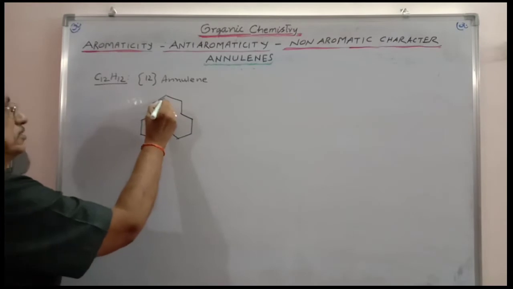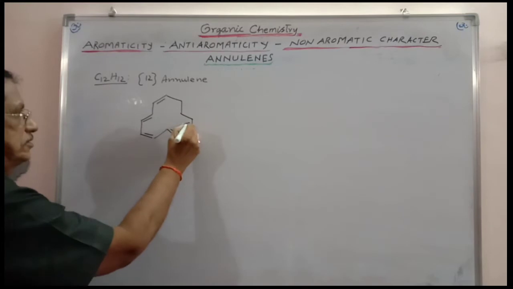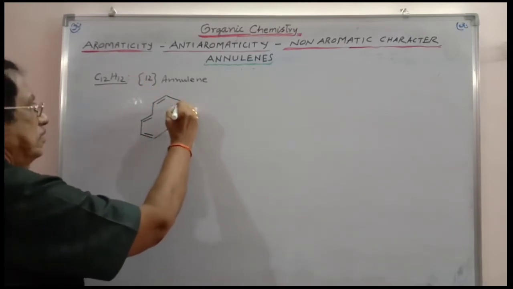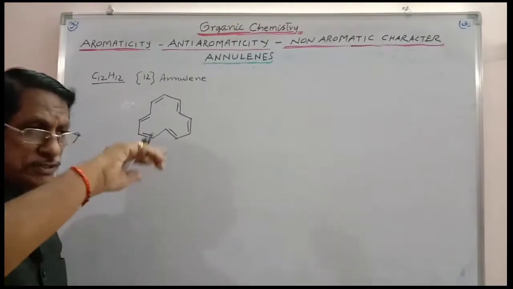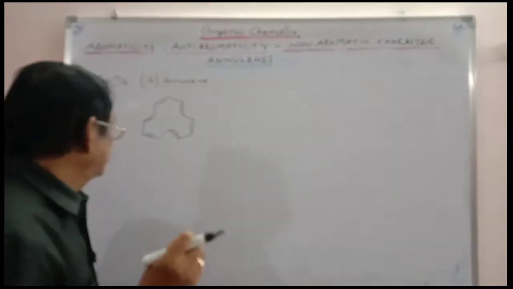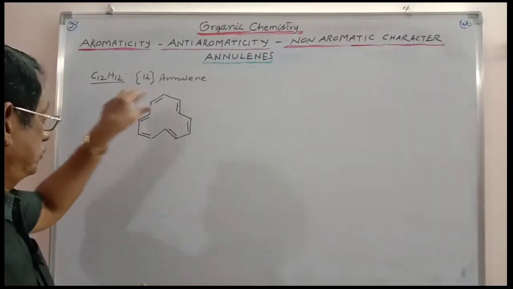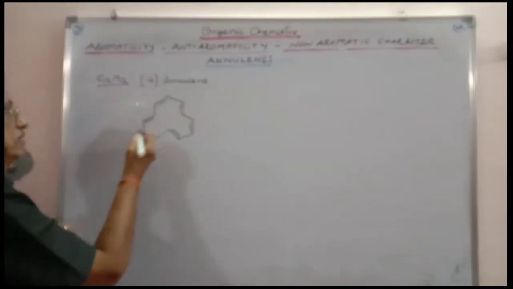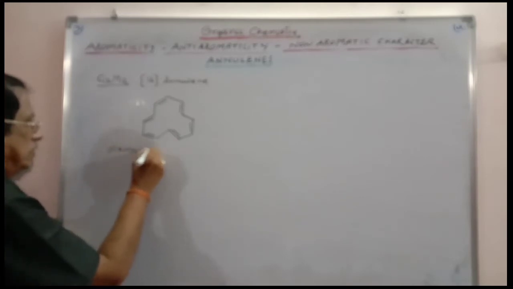You can write the pi bonds 1, 2, 3, 4, 5, 6, 7, 8, 9, 10, 11, 12. So this is the way you have to write the alternate pi bonds. This is the periphery. Throughout the periphery of the molecule, we are having pi bonds. There are 6 pi bonds, 3 plus 3, 6 pi bonds. All are sp2 carbons. Let us check. As these are sp2 carbons, structure is planar, structure is cyclic.